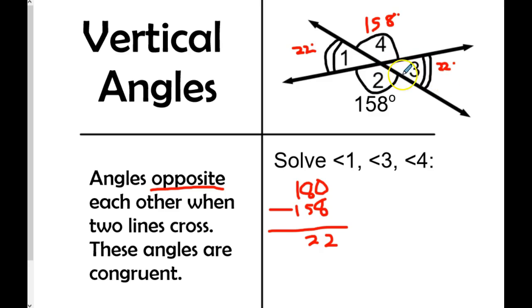And then to figure out the one adjacent next to it, these are a linear pair. Does everyone see that? Angle 2 and angle 3 are a linear pair. So together, these two need to make 180 degrees. So I did 180 minus 158, and that's how I got 22. If you're given one angle at an intersection, you should be able to find the other three.